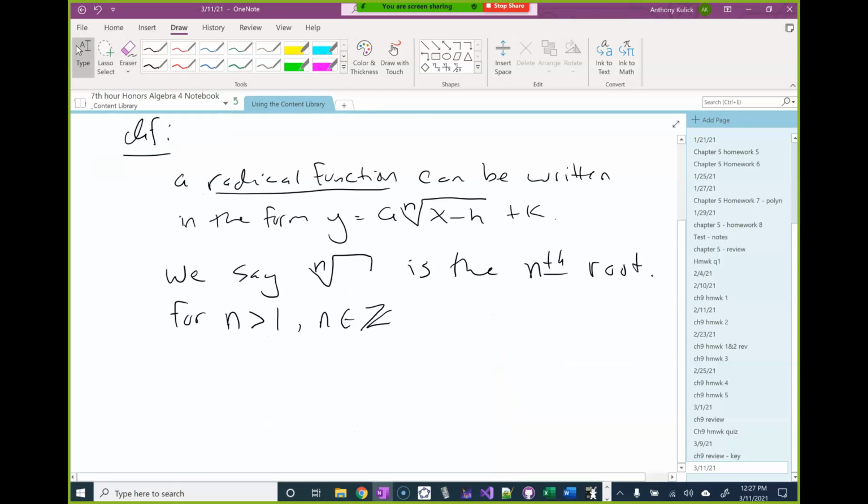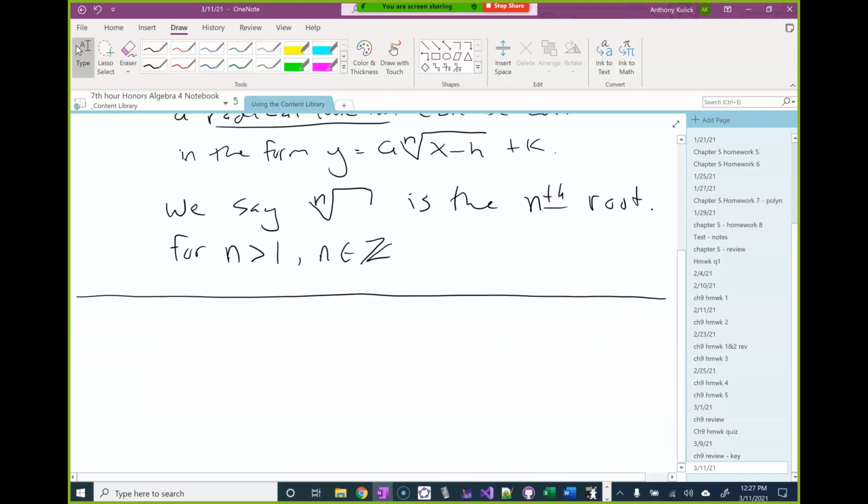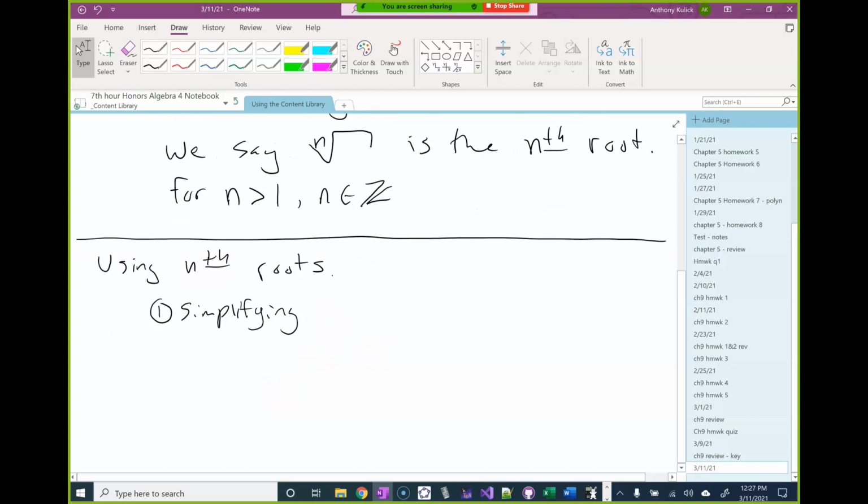So what we're going to spend most of today talking about is just how to use this nth root. So we'll start by talking about simplifying and just run through some examples here.